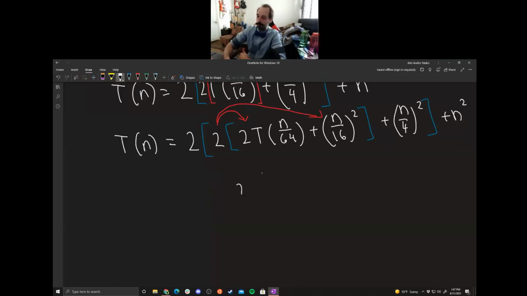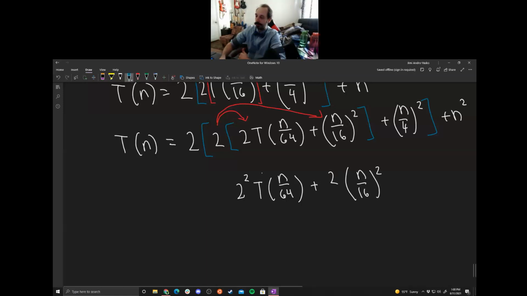So we're going to get 2 squared T of n over 64 plus 2 times n over 16 squared. Actually, no, it's going to be one umbrella, so it's n over 4 squared, like that, plus n squared.